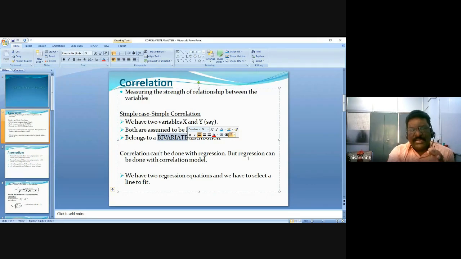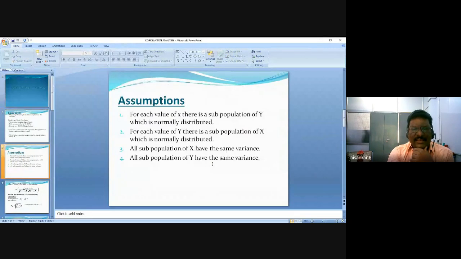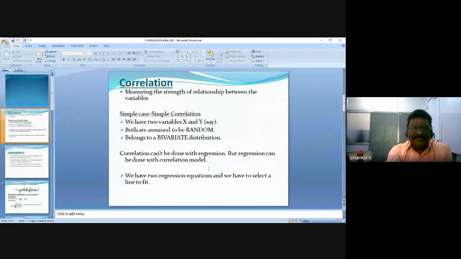Without noticing the assumptions, just using the formula may give you some answer, but that answer won't be the right answer. Correlation cannot be done with regression, but regression can be done with the correlation model. I'll tell you what regression is later.